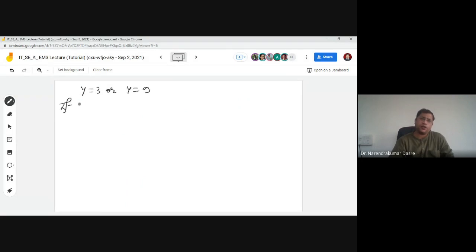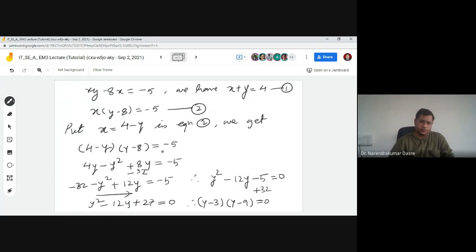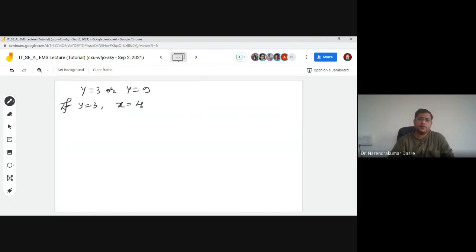Now see, if y is equal to 3, what is x? x is 4 minus y, so x is 4 minus 3 and that is equal to 1. So when y is equal to 3, we got x is equal to 1.